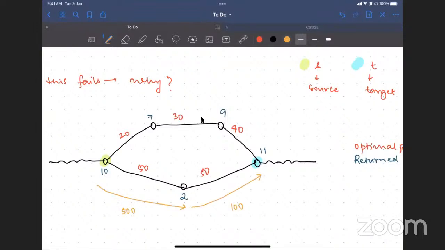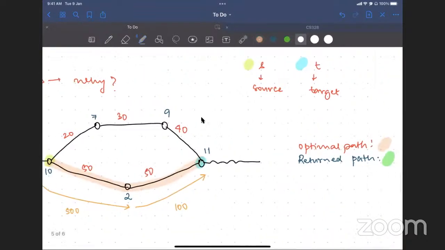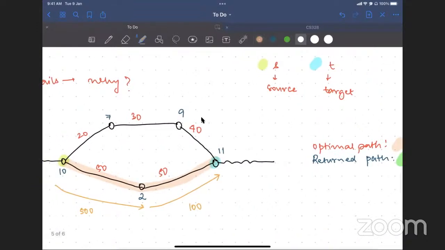So 600. Okay, so you are following this path, and you say your optimal path is this, right? Yes, we start at the first node and refuel at the second node. You only have that much fuel for 10 to 2, and after you exhaust your fuel, you refuel again at 2 and go all the way to 11.